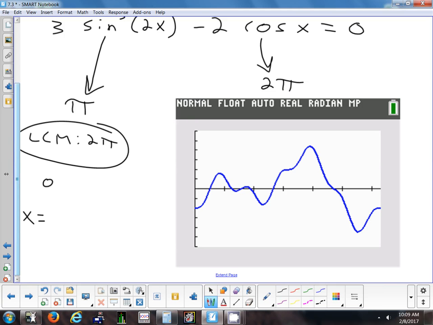You get about 0.50, 1.25, 1.57, 1.89, 2.65, and 4.71.